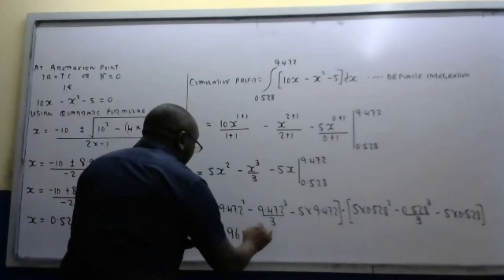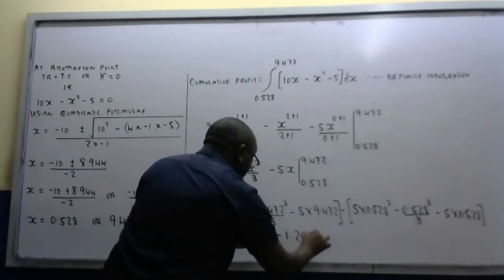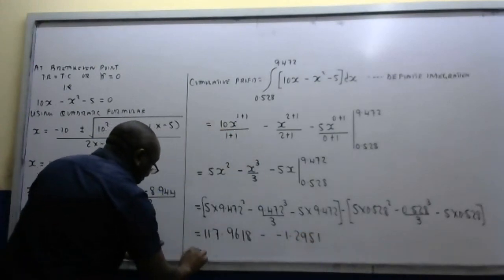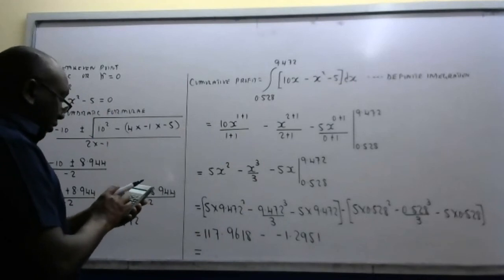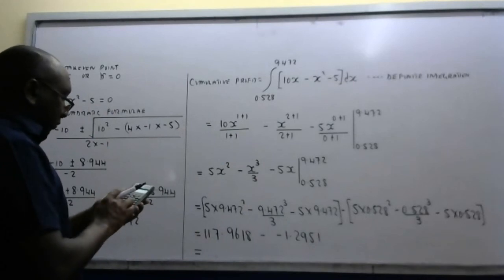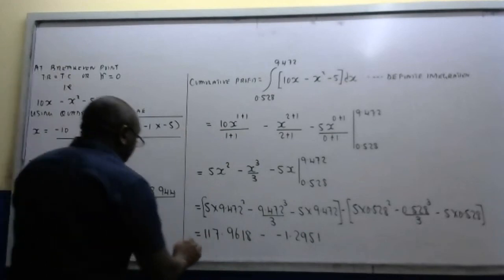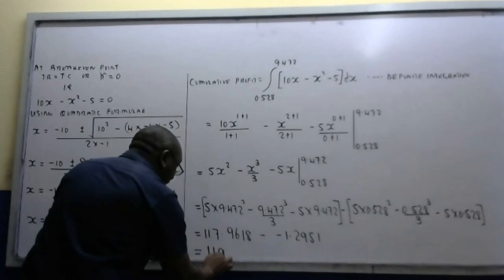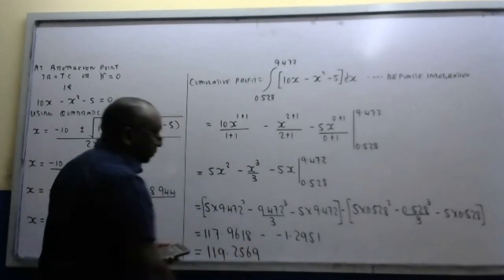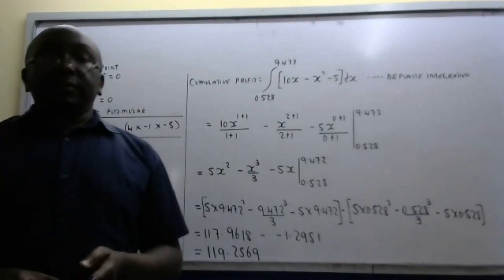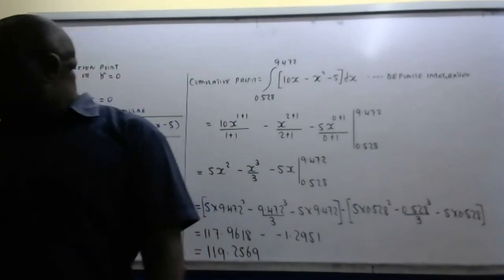I'm getting minus 1.2951. So the total answer will be 117.9618 plus 1.2951. The answer is 119.2569. That's the cumulative profit.